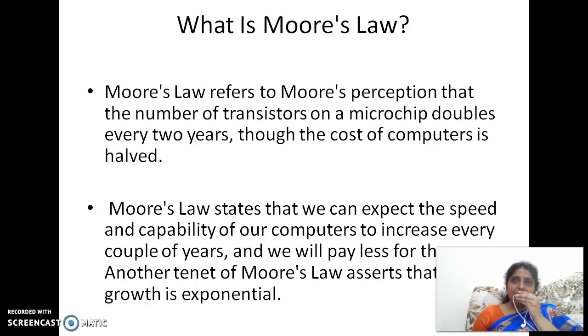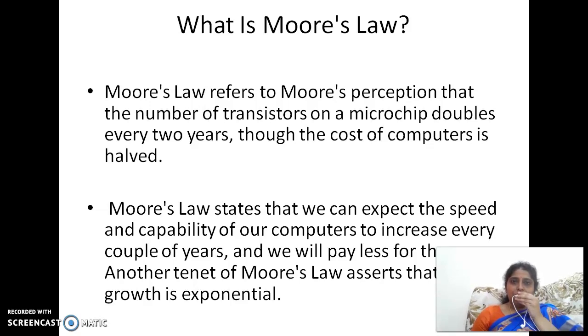But later it was corrected that it is not taking 2 years, it is less than 2 years. Within 1.5 years itself, the number of transistors on an IC is doubling. And exponentially the cost is also reducing. Components are increasing, cost is reducing. That means we are able to integrate more and more components on an IC.